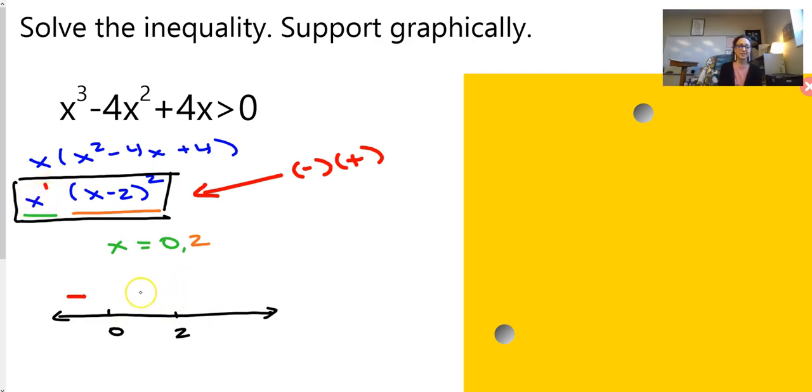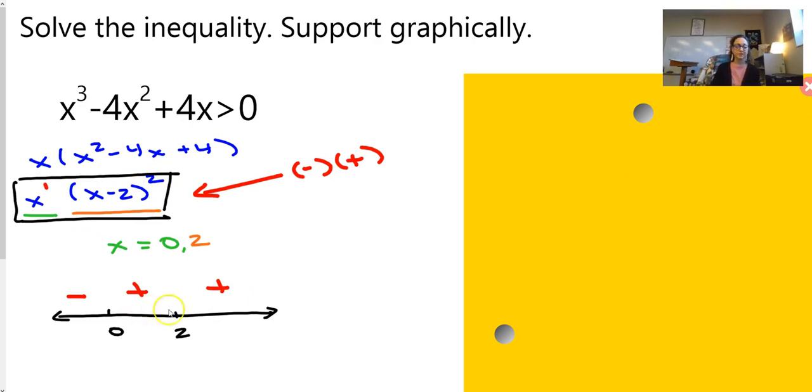So switch to positive or stay negative? Switch to positive. Right? Okay, now the next value on my number line is a 2. The 2 came from this factor here. Look at your multiplicity, even or odd? Even. So switch to negative or stay on positive? Stay on positive, right? Because with even multiplicities, you stay the same.